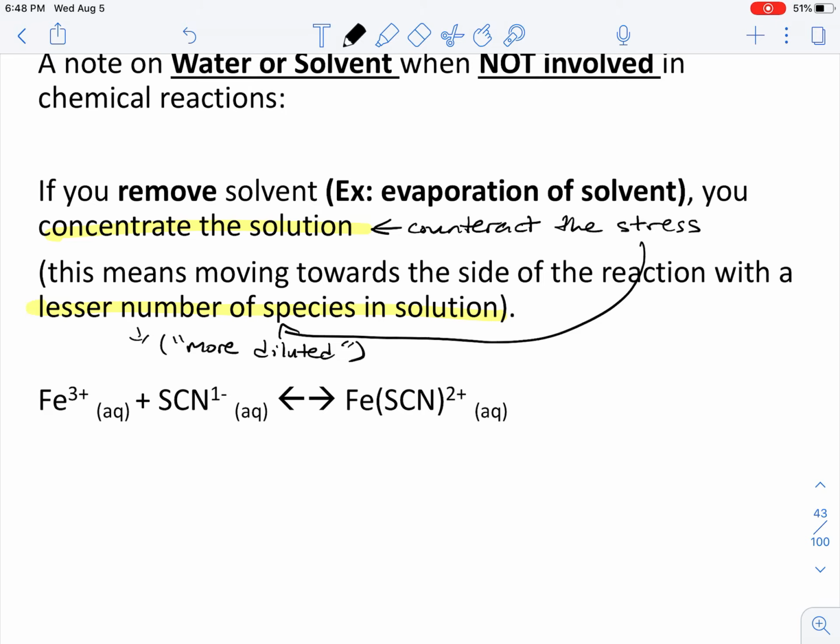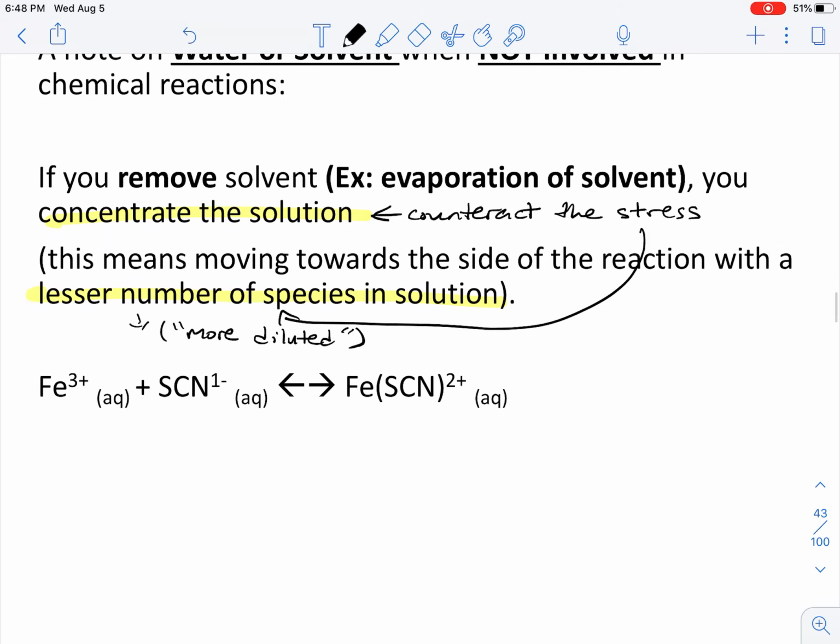And so in this scenario, if we're going to remove solvent, the equilibrium will shift to the side that has a lesser number of species. And in this example, it's going to shift to the right because this has the lesser number of particles.